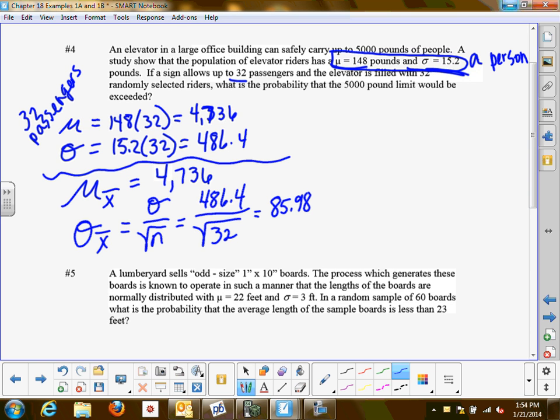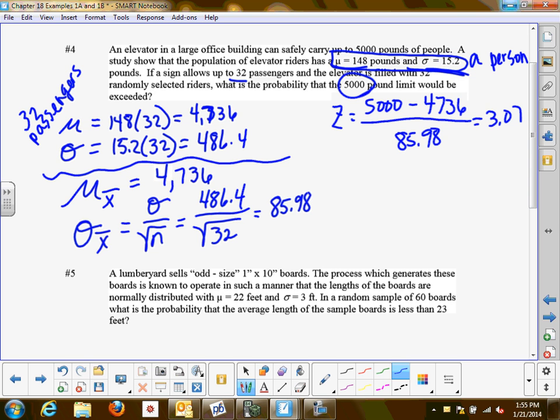Well, guess what? What's the probability that when 32 passengers ride the elevator, they will have a weight of 5,000 or more? Because that's the limit. So 5,000 minus the 4,736 over the 85.98 is a z-score of 3.07, so that's good.